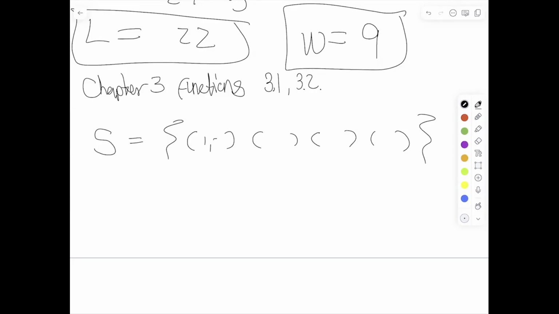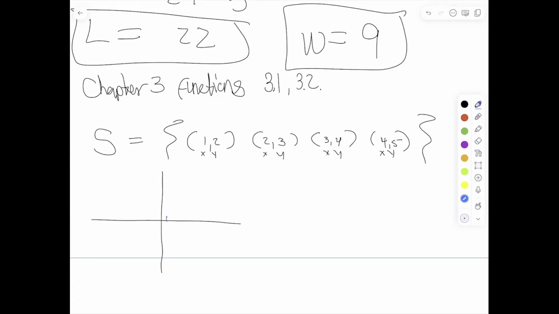So we got (1, 2), (2, 3), (3, 4), (4, 5), right? So all of these are points. This is like X and Y, X and Y, X and Y. And if I'm going to draw this, I'm going to label the points.